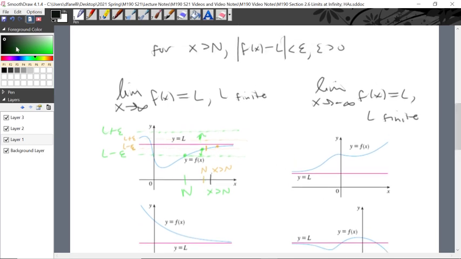Now it's to say that for any epsilon, no matter how small, we can find a value n, but now notice that value n is going to be less than 0, and now we would be stating that for any x that is less than that n, the associated f of x on the curve is bounded between the ceiling and the floor.